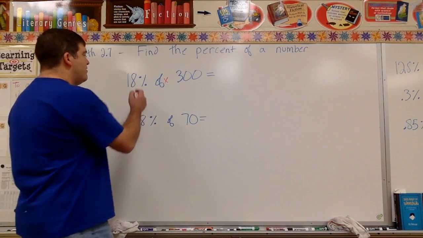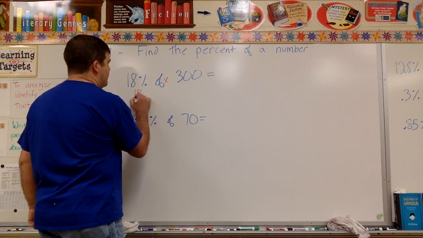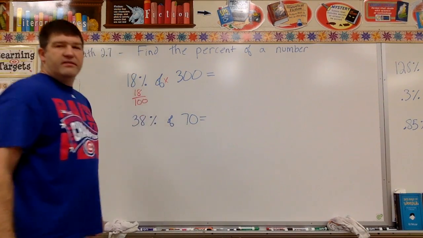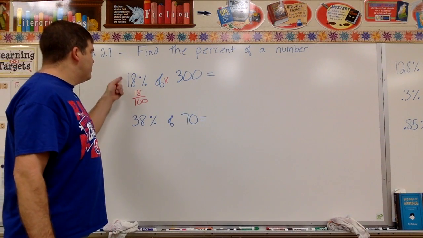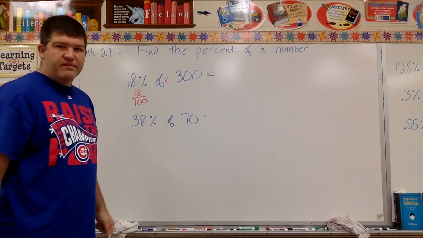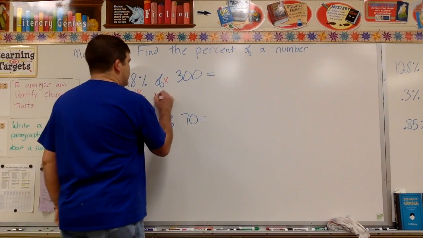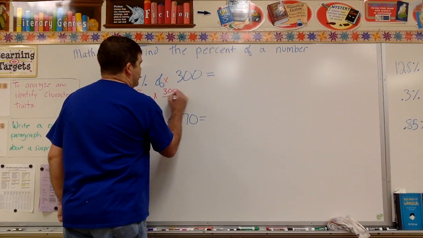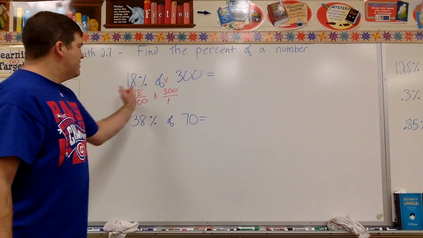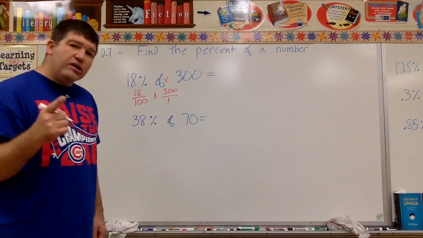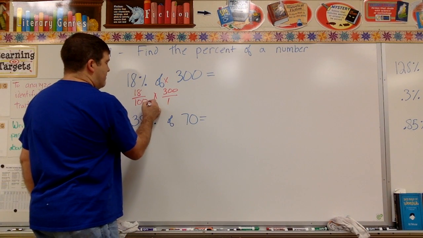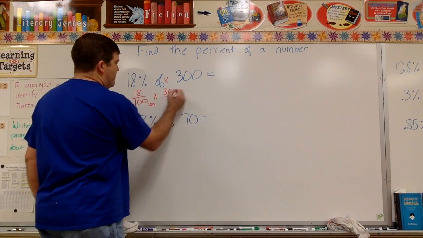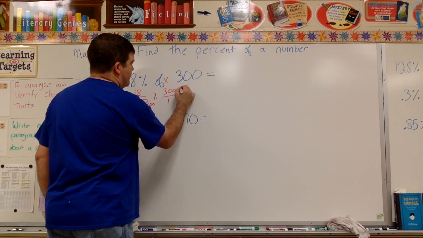If I make it into a fraction, it's 18 over 100. That's my fraction. 18% is 18 out of 100. Times, then I'm going to make 300 into a fraction. Now I just go across. But I could cross simplify. I'm going to divide this by 100 and divide this by 100.